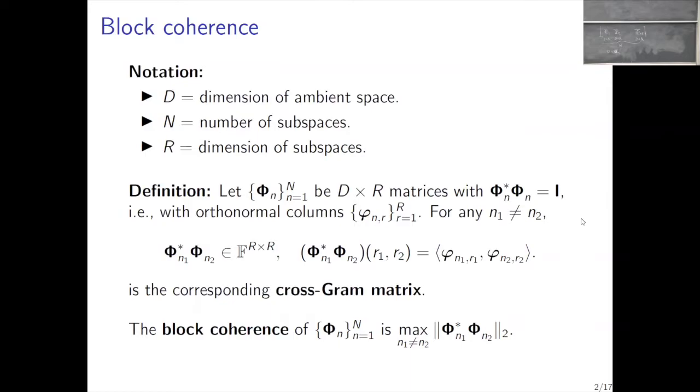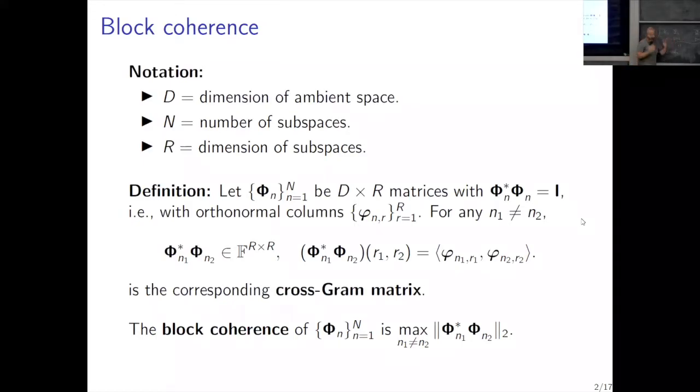So you have a tall, skinny matrix which is a basis for the first subspace, and a tall, skinny matrix which is a basis for the second subspace. Take the adjoint of the first one, multiply those two together. What you get is a small R by R matrix, which contains all of the inner products between the basis for the first space and the basis for the second space. You can do that for any two of these subspaces, so you have n choose 2 of these cross-gram matrices to actually compute.